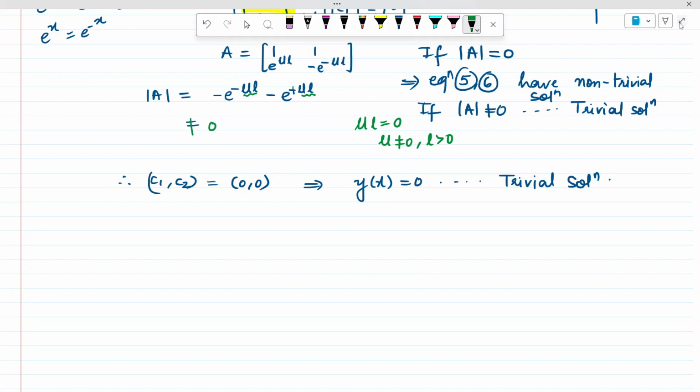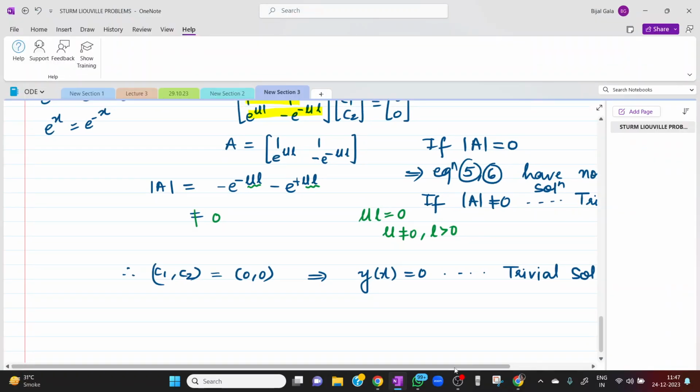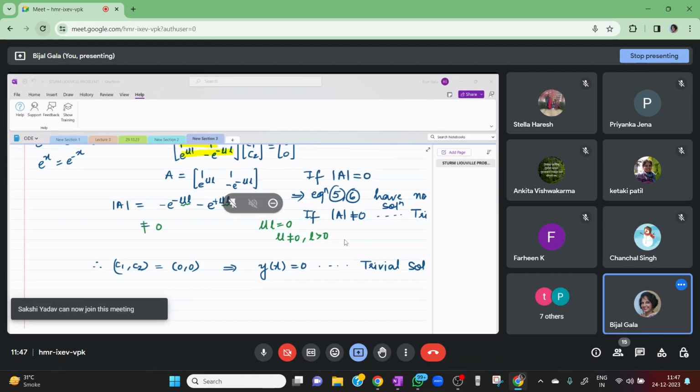Yes, please. Is this clear? How to find the eigenvalues and eigenfunctions? Is this fine? Yes, students, I'll give you 1 or 2 questions to try on your own right away.